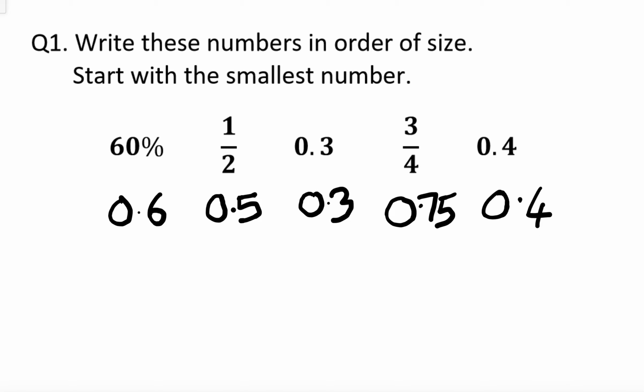So now we just got to get them in order. So, which is the smallest number there? I think it's 0.3. So if I put 0.3 down here, smallest, best thing to do is cross that out once you've looked at it. The next one is 0.4.